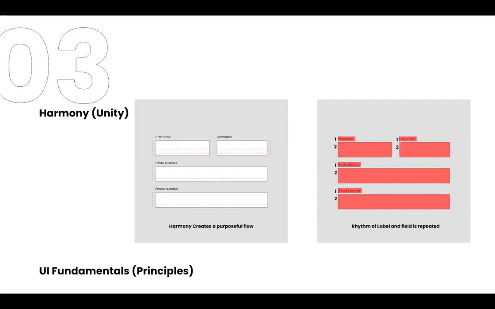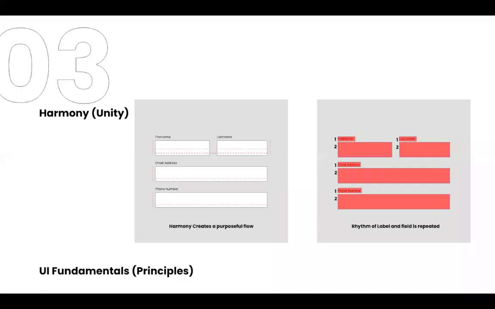So if we look at the image here now, on the left, we have more or less text areas or text fields. We have first name, last name, email, phone number. Now, if you pay close attention, the height for each text box is the same. That's harmony.